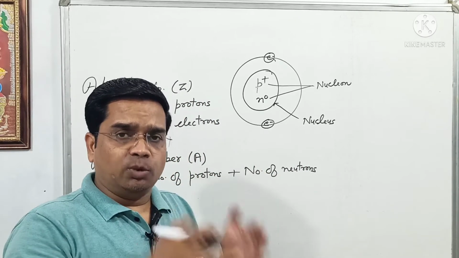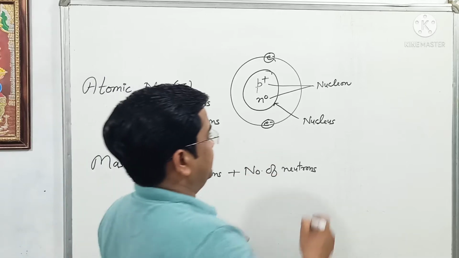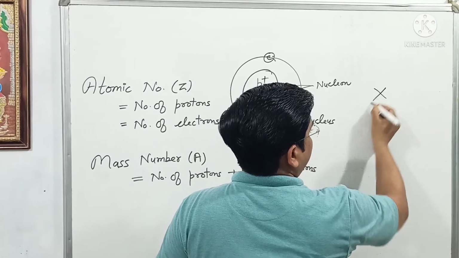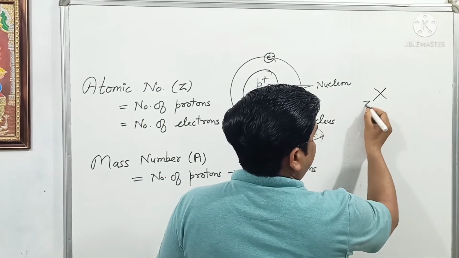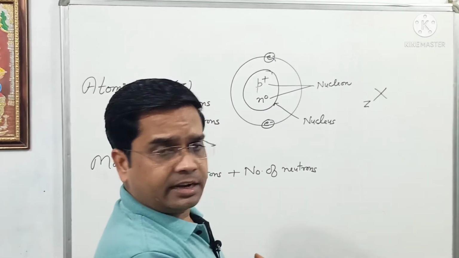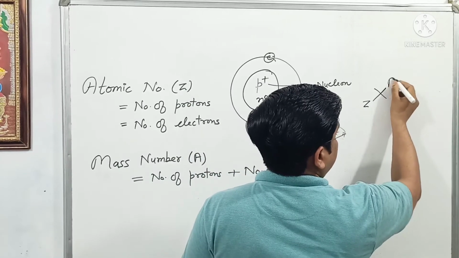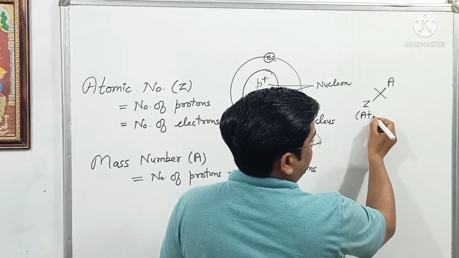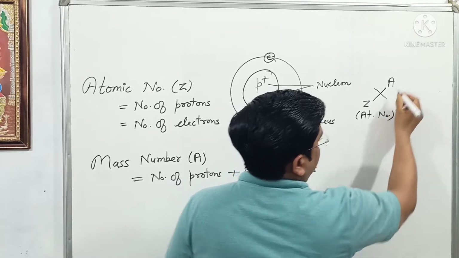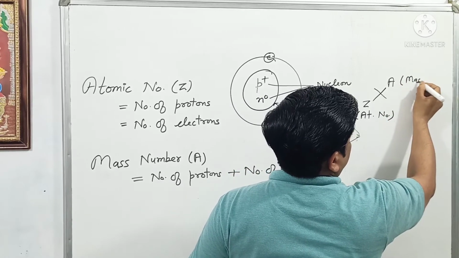Before that numerical, just pay attention here. If you take any element X, then atomic number will be represented downside and mass number will be represented upside. Clear friends? What is Z? Atomic number. This is atomic number and this is mass number.